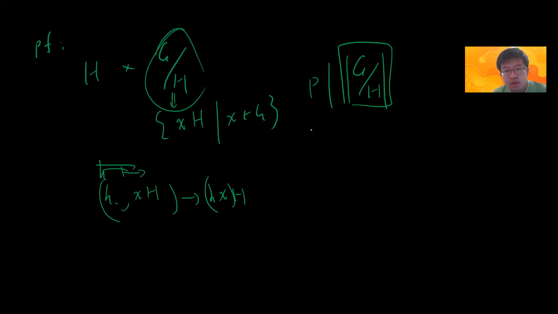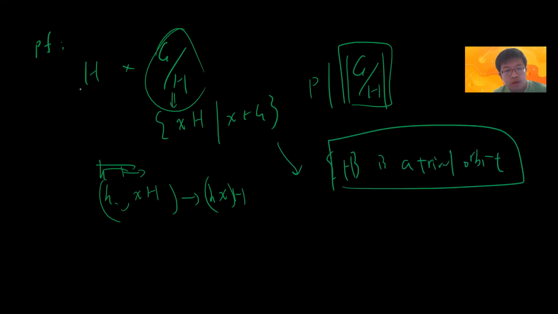But there is an orbit which is fixed, which is H. So H is a trivial orbit, the reason being that H will fix itself.